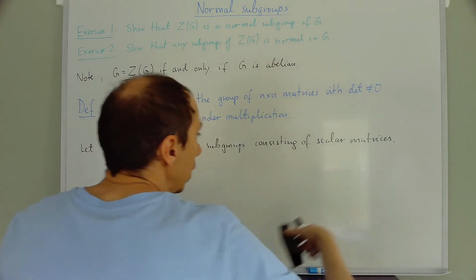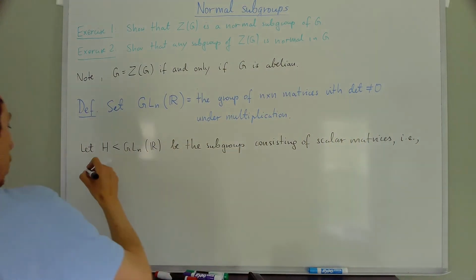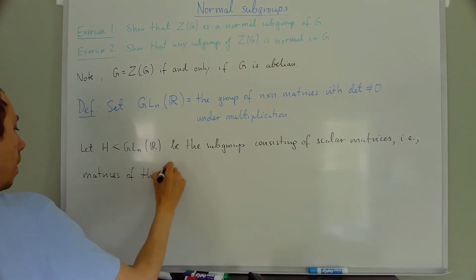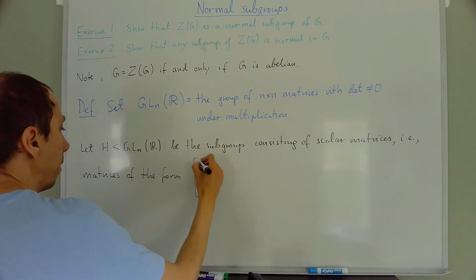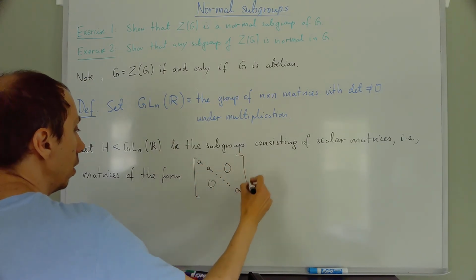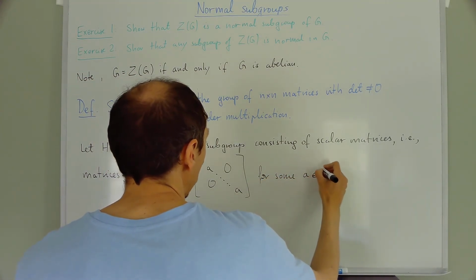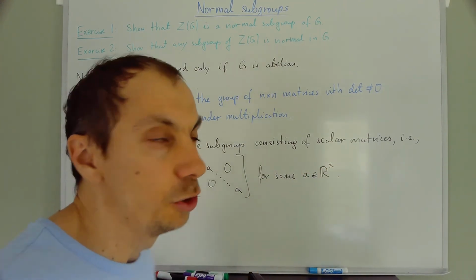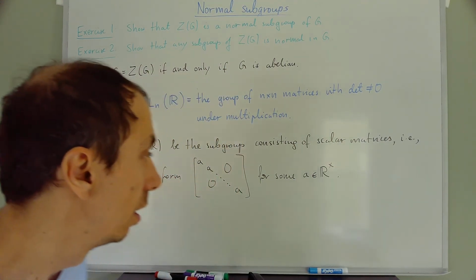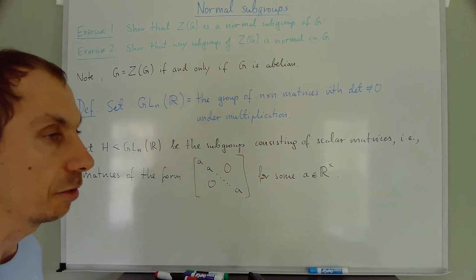Well, that's a matrix of the form A, 0, 0 and so on, for some non-zero A. If I write A in the units of R, that means non-zero, because the units inside the real numbers are the non-zero real numbers. So the same number along the diagonal and 0 everywhere else.